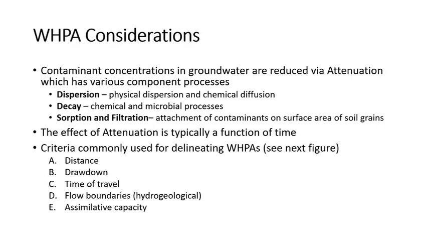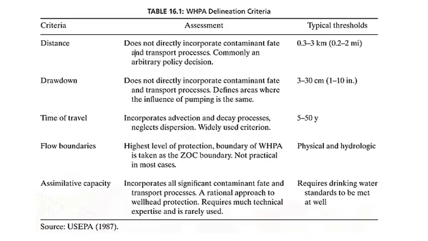Now, you have multiple possible approaches in delineating your wellhead protection areas. You have your distance, your drawdown, your time of travel, and your flow boundaries, and also the assimilative capacity.